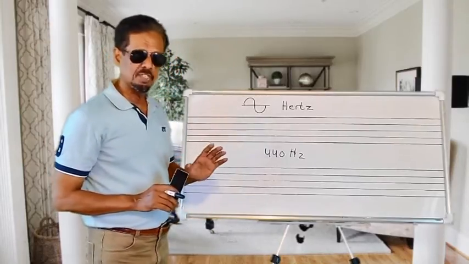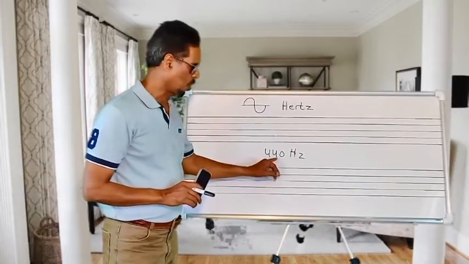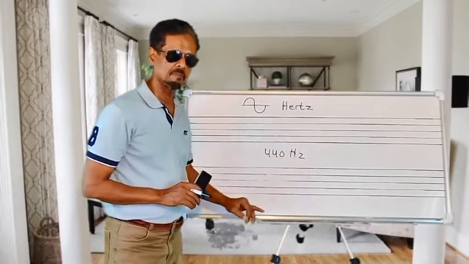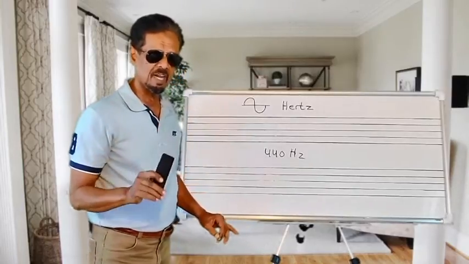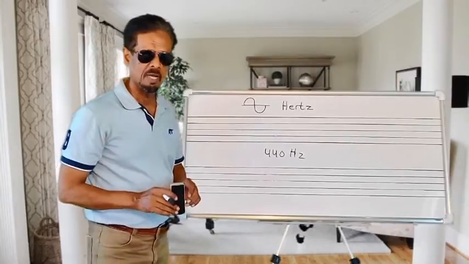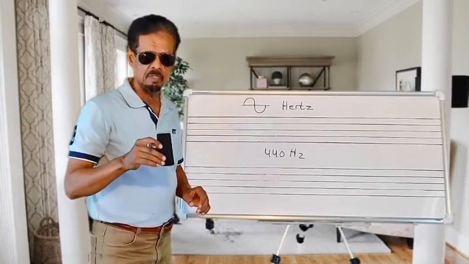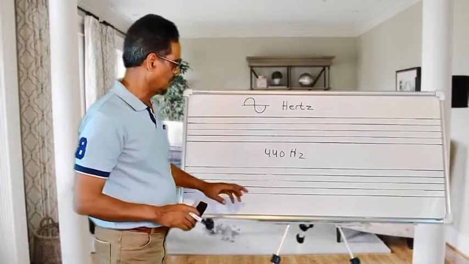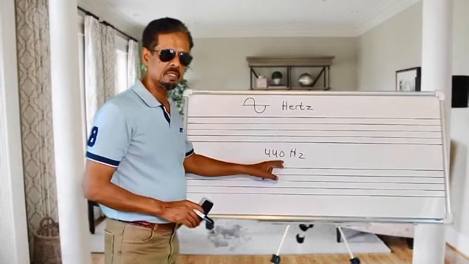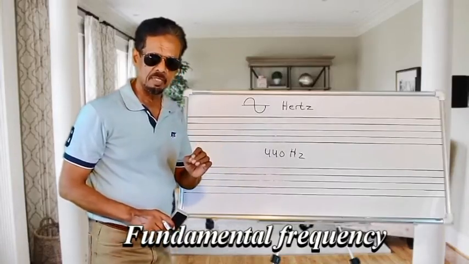If your piano is tuned to 439 or 441, it will still sound like an A, but it is not at the heart of the note. 440 is called the fundamental frequency.